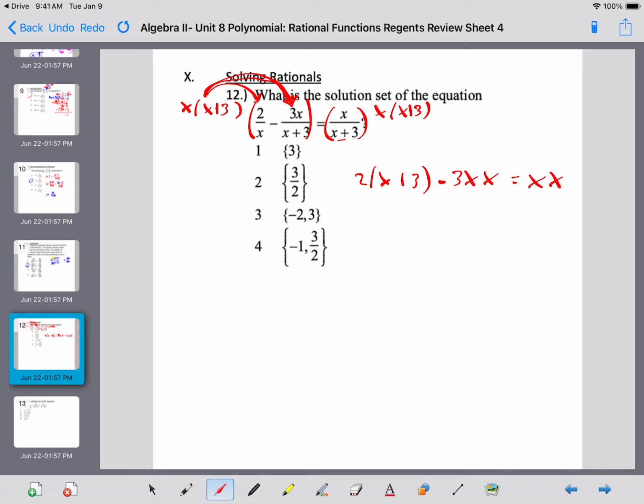So we could distribute those out. 2x plus 6 minus 3x squared equals x squared. We have a quadratic. You want that to equal 0. So I'm going to add 3x squared, subtract 2x, and subtract 6.